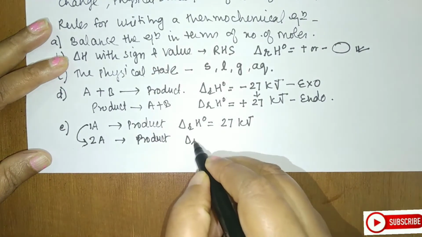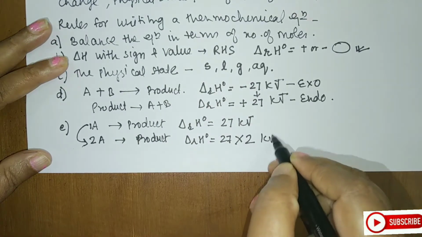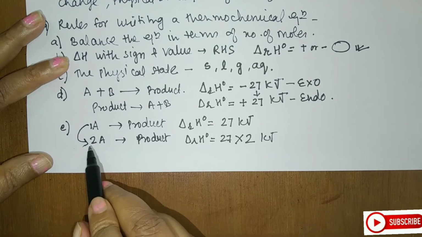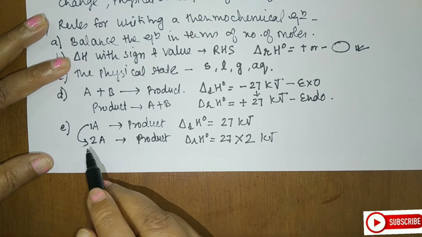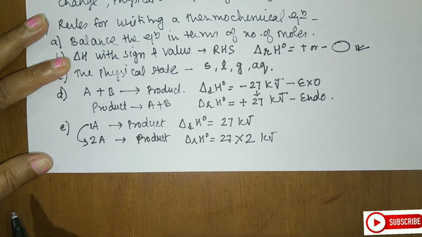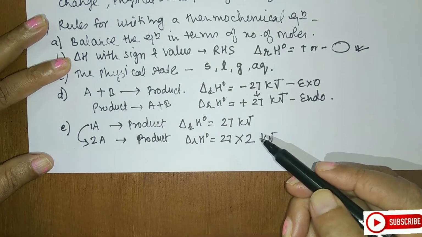So the value here must be equal to 27 into 2 kJ. So this is what it means: when the coefficients indicating the number of moles of the substances are multiplied or divided by any numerical factor, then the corresponding enthalpy value will also get multiplied or divided by the same number.